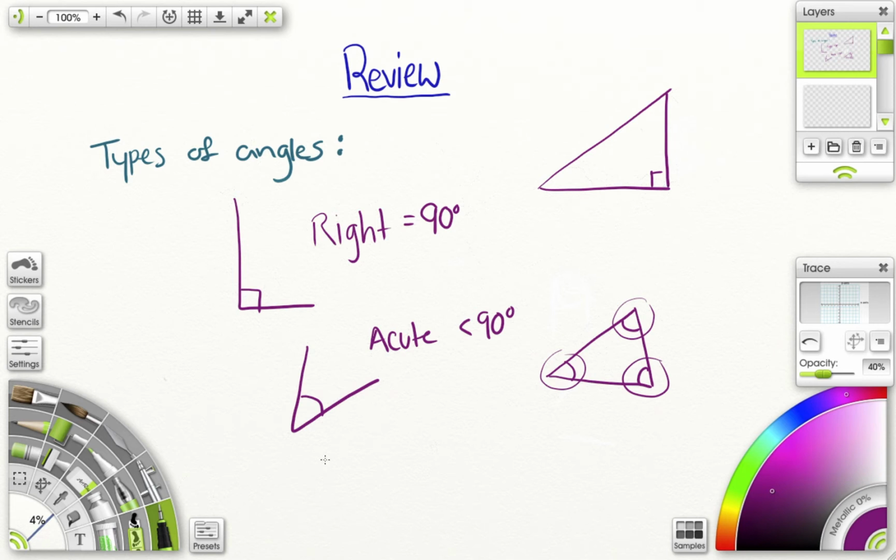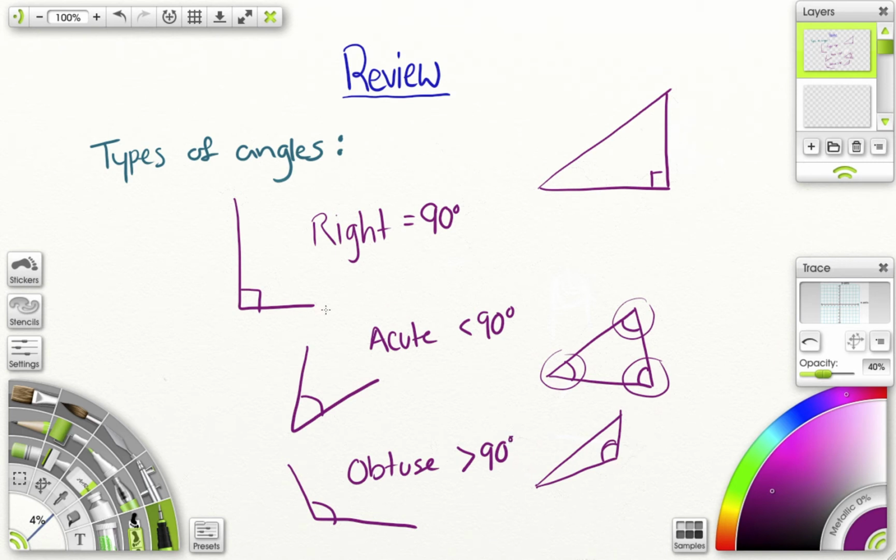Okay? And then we have our obtuse, which is more than 90 degrees. How we can remember obtuse is obtuse sounds like obese. Obese means big. And if you have an obtuse angle triangle, that means you have an angle that is bigger than 90 degrees, but only one will be bigger than 90 degrees.